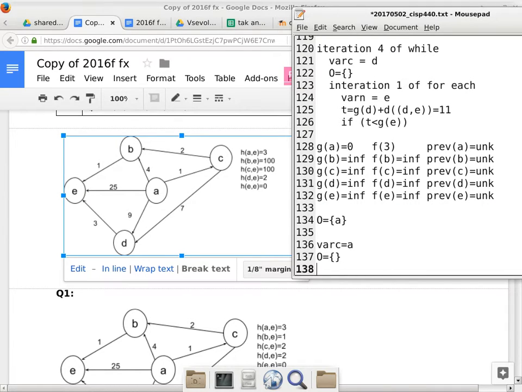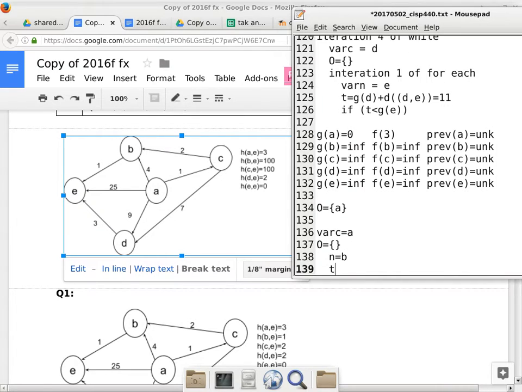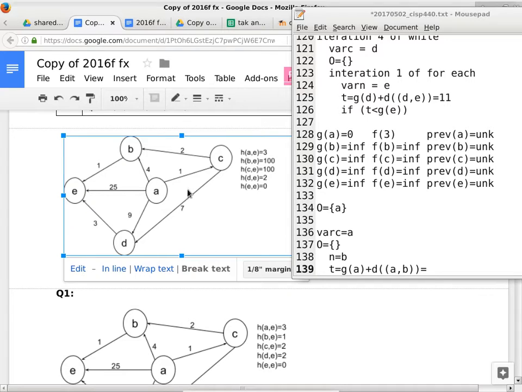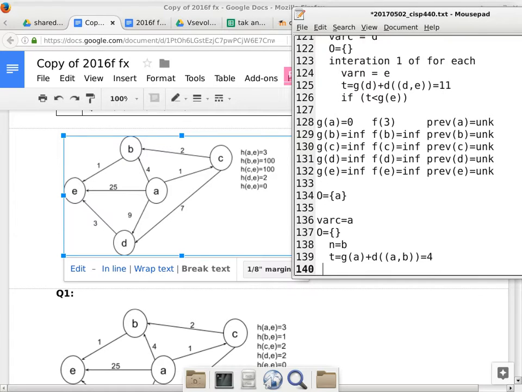So there are 4 neighbors of A, and for each neighbor, we're going to have to compute T. So for neighbor being B, we will compute T to be G of A plus the edge of AB. G of A is 0. The edge AB has a cost of 4, so this is going to be 4.